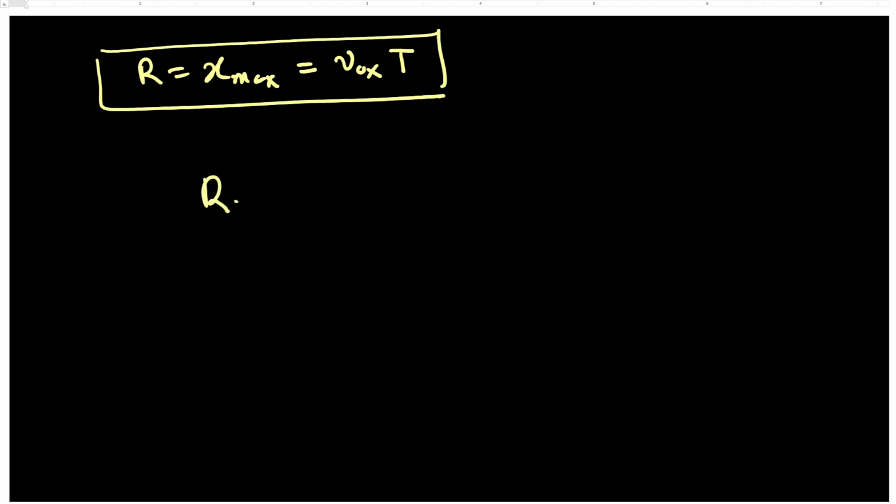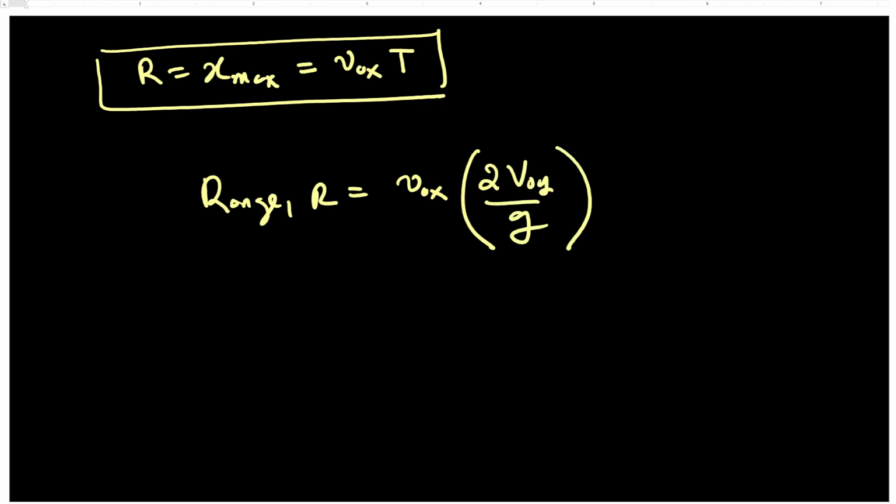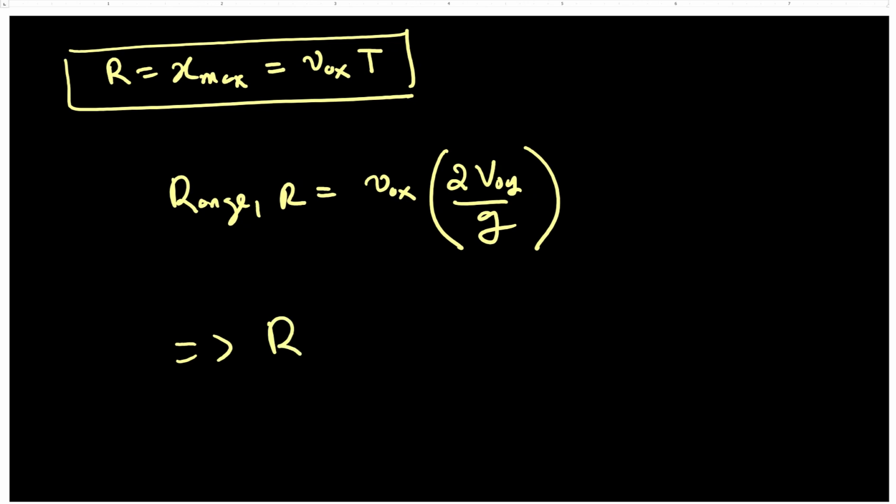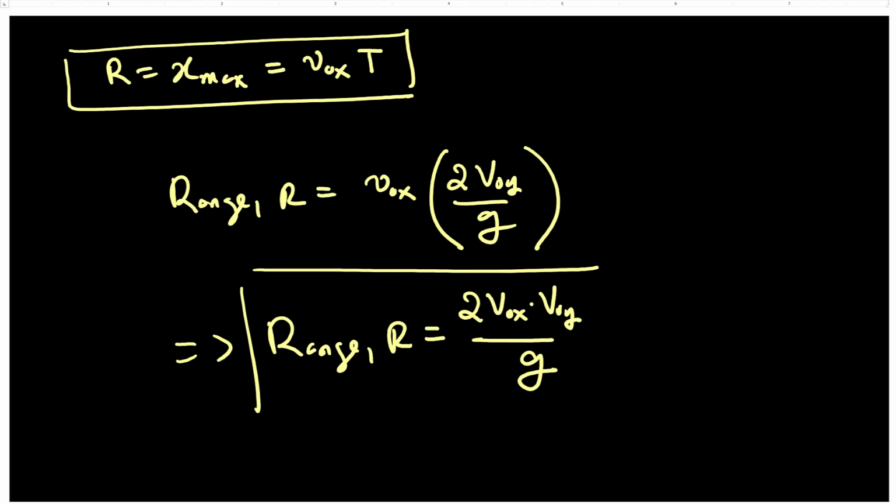This means that the range R is equal to Vox multiplied by 2 Voy divided by g. Therefore, the range R is equal to 2 Vox multiplied by Voy divided by g. This defines the horizontal range of the projectile.